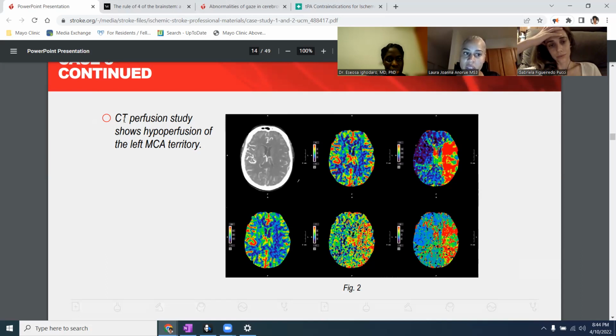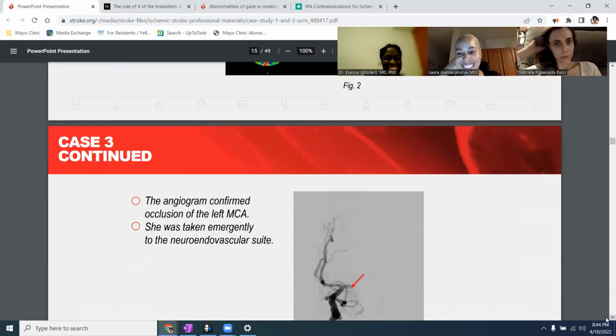So a CT perfusion study was done, and it shows hypoperfusion. All the red is the hypoperfusion area, and we want to figure out, is this dead tissue or is this tissue that is not dead yet? Yeah, salvageable. So, neuro word: salvageable.